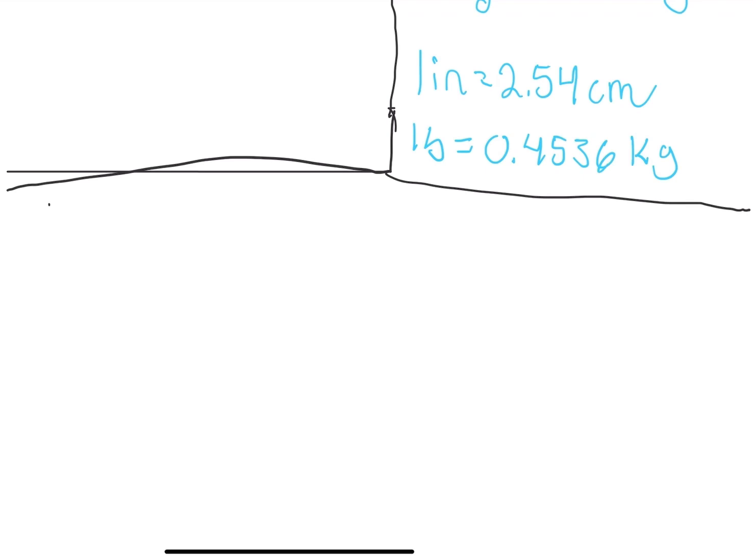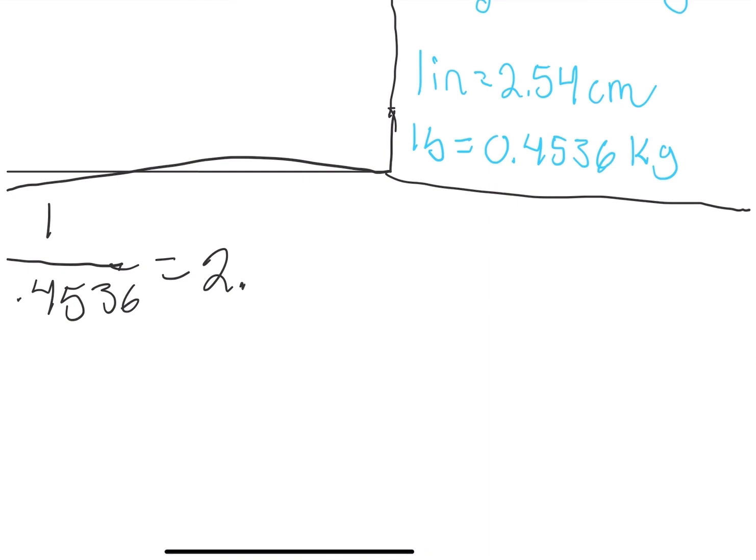So we're going to go ahead and write that out. 1 over the 0.4536, which is how many kilograms are in a pound, and we have to divide it out this way so we can find out our actual conversion factor to convert pounds to kilograms, because we use this one for kilograms to pounds.